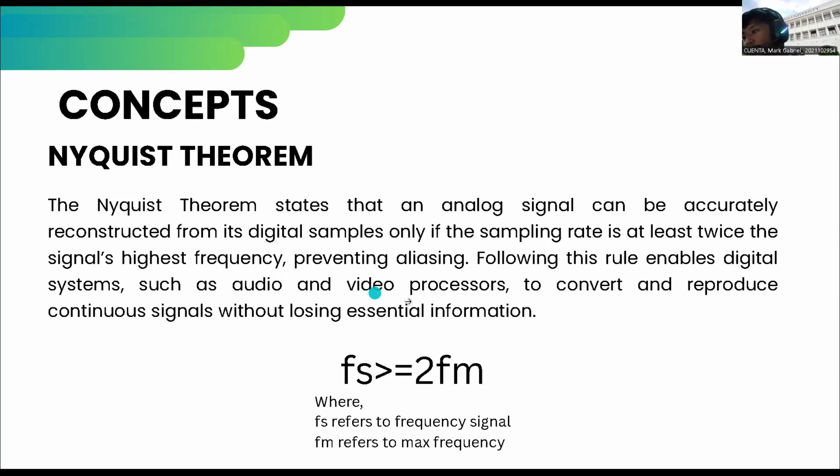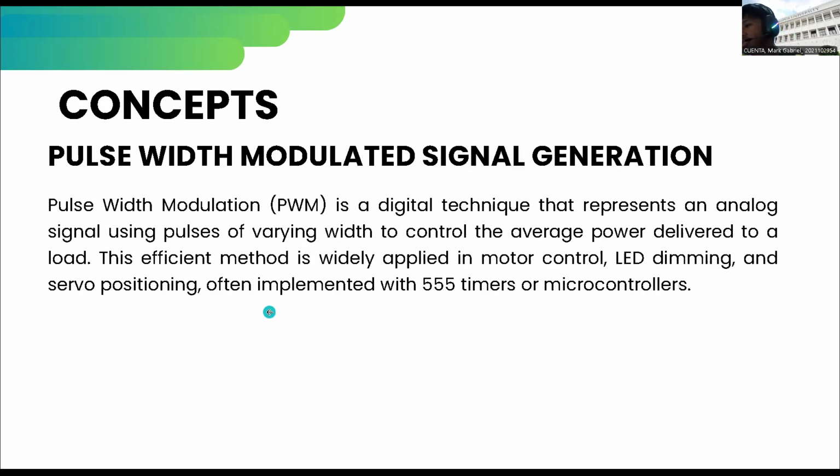Moving on to the concepts, pulse width modulation signal generation is a digital control technique that encodes an analog signal into a series of variable width pulses. By adjusting the pulse width or the duty cycle, the PWM efficiently regulates the average power delivered to a load, thereby minimizing excess energy dissipation.